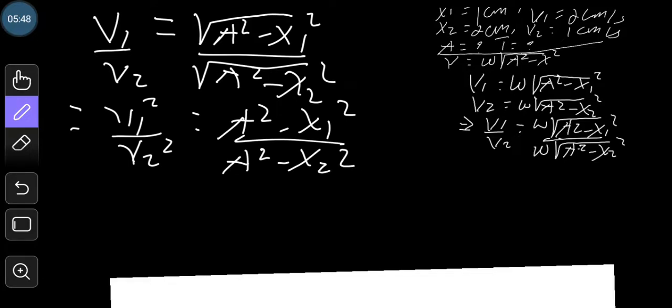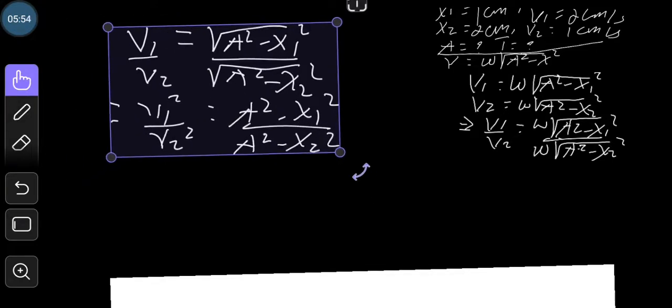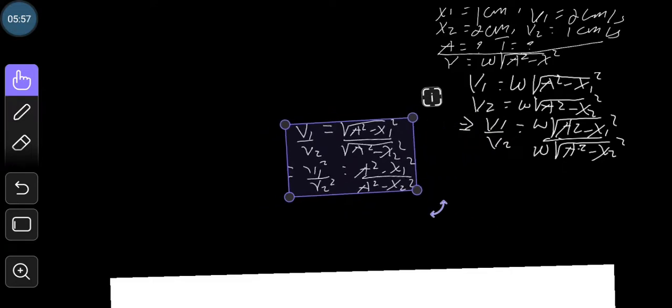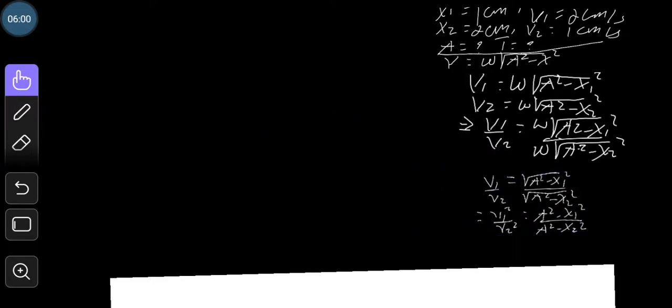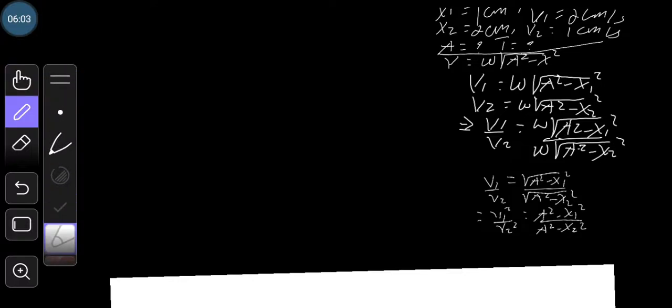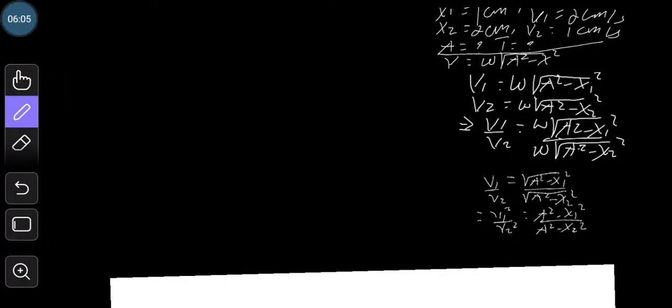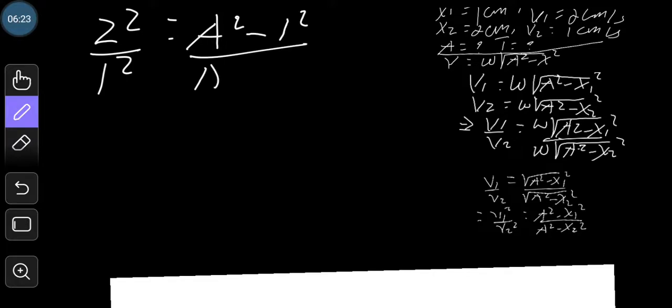Okay, then finally we have, given v1, that is 2 square, over v2, which is 1 square, is equal to amplitude square minus x1 square, which is 1 square, over amplitude square minus x2 square, which is 2 square.